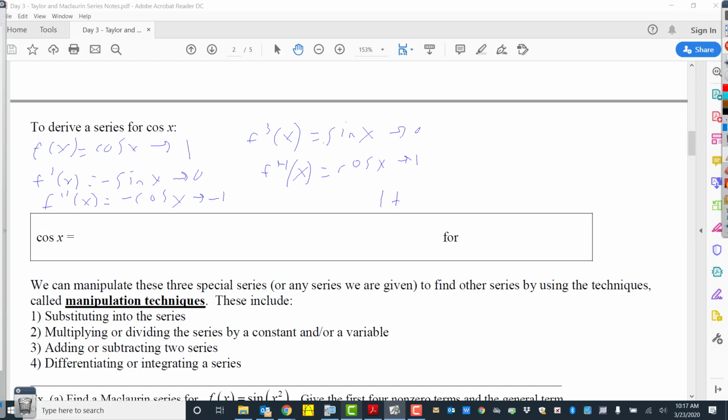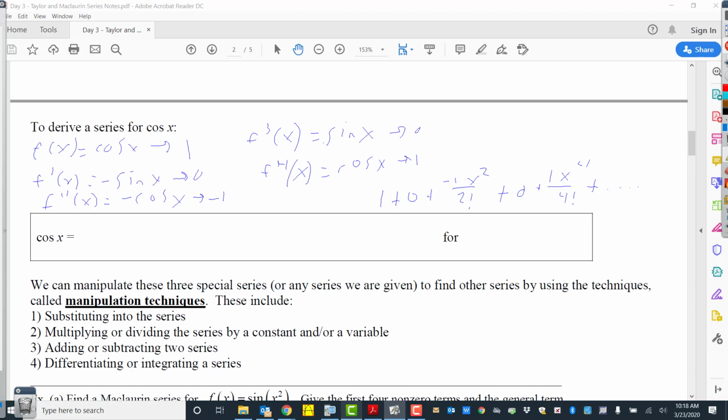Well, f prime of x is 0, so that's just 0, plus the second derivative, which is negative 1 times x squared over 2 factorial, plus the third derivative, that's 0 again, plus the fourth derivative times x to the 4th over 4 factorial, plus dot dot dot.